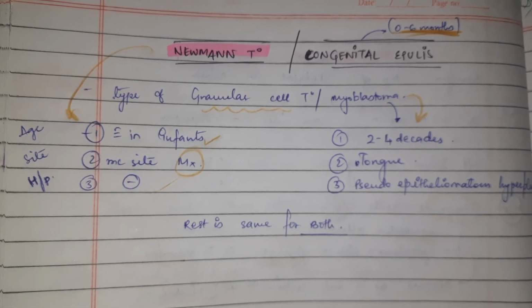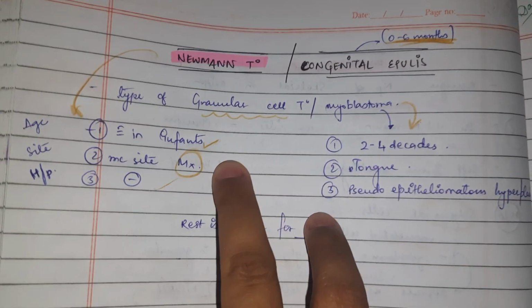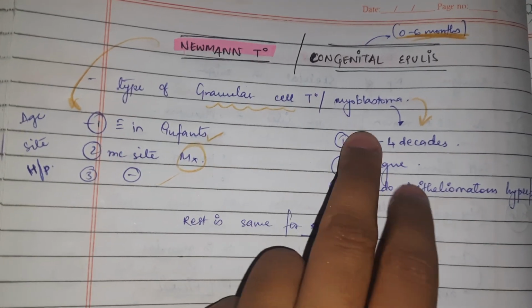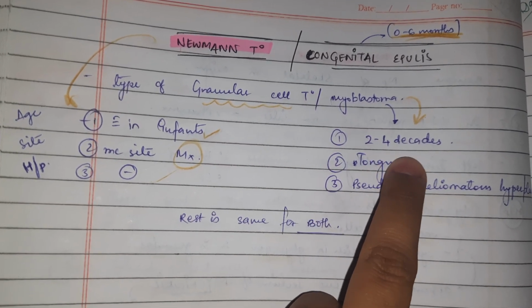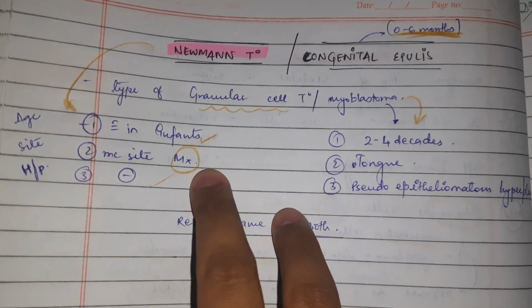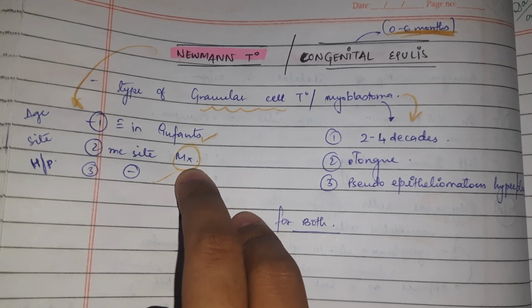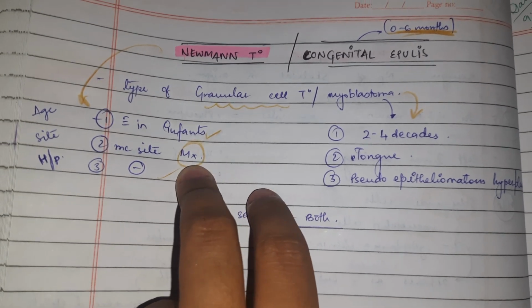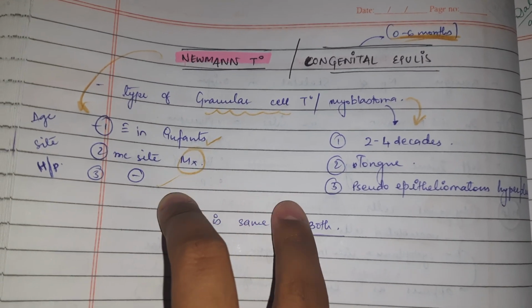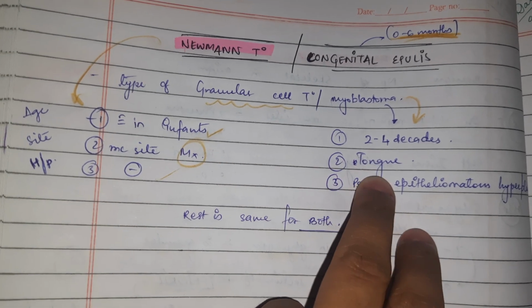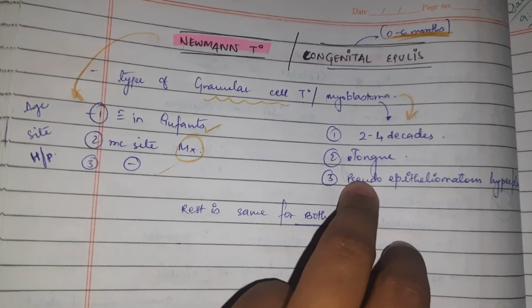The difference is that granular cell tumor or myoblastoma is seen in the second to fourth decade.